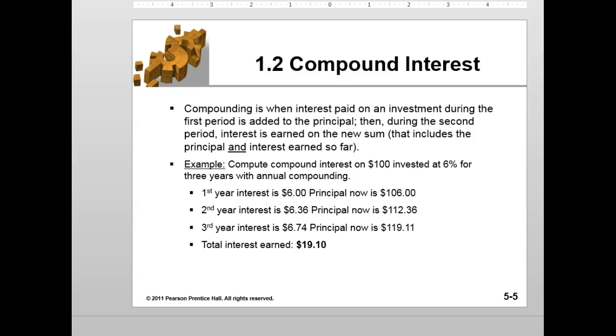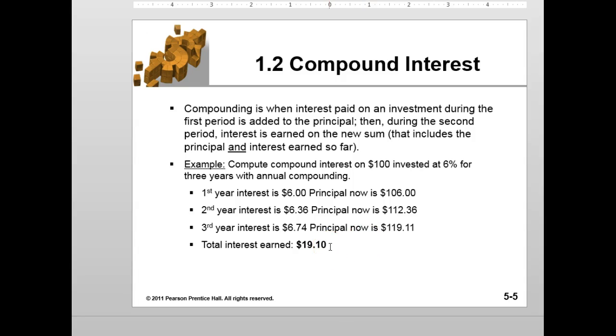Compound interest accumulates. So the first year, interest of $6 is added to the principal, and then the interest rate is applied to that full $106 for the next year to give you $112.36. For the third year, it's added up again to give you $119.